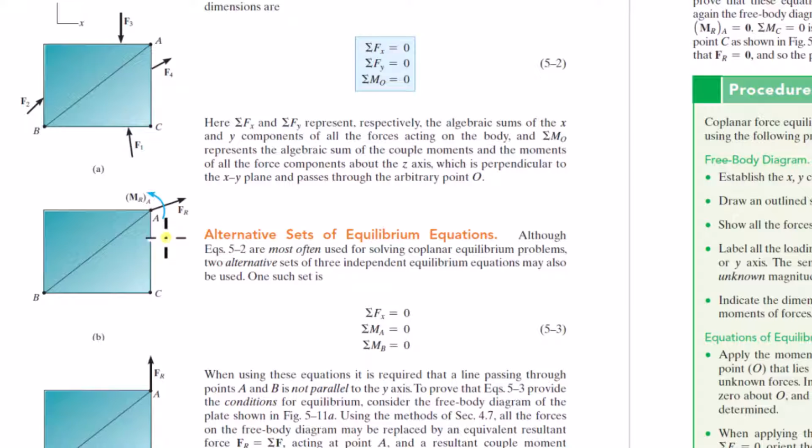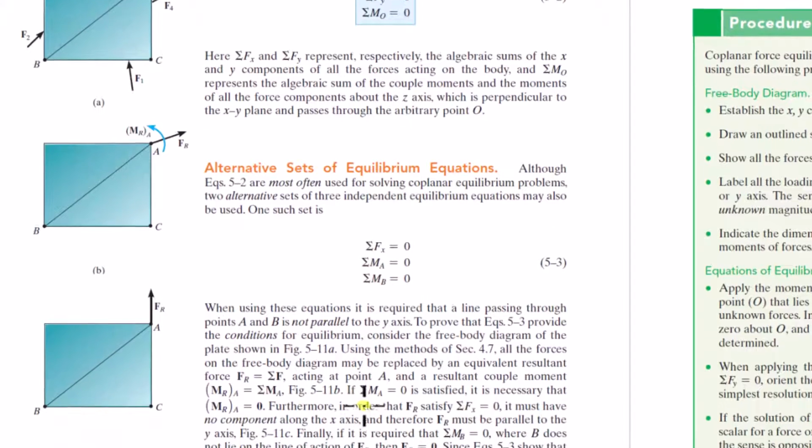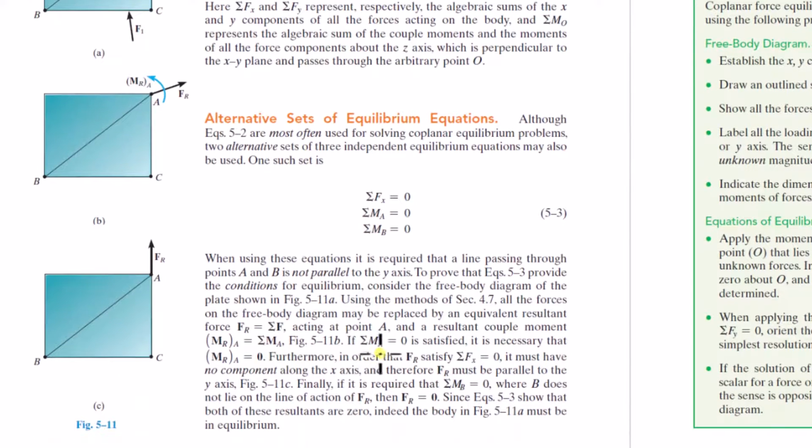That's valid, right? Everything we've done is valid so far. And here's the point B we're going to use, and here's the point A we're going to use for the moments. But we've just started by simplifying this to an equivalent force and couple moment at point A. Now, if the sum of the moments about point A is equal to 0 is satisfied, it is necessary that the resultant couple moment is equal to 0.